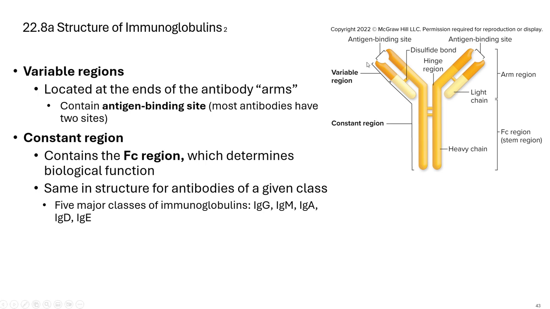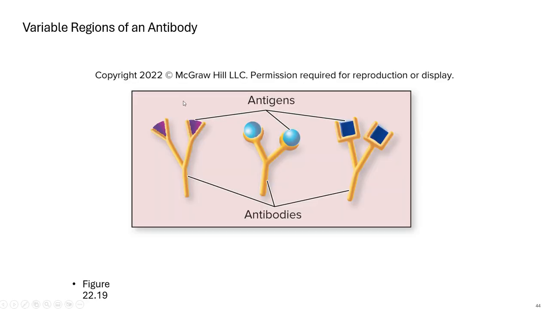But then you have your variable region, right? And importantly, the most important thing is in the variable region, you have your antigen binding site, right? So that's where the actual pathogen, the antigen, whatever it is, is actually going to bind onto the antibody itself, right? Think of that region in this sense: the shape of the antigen has to be complementary to the shape of the antigen binding site, right?